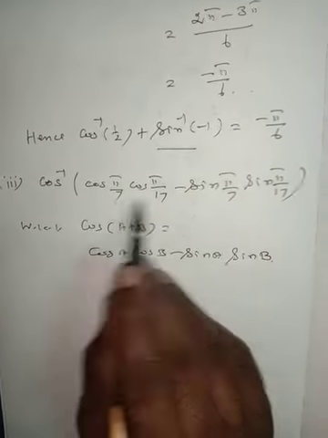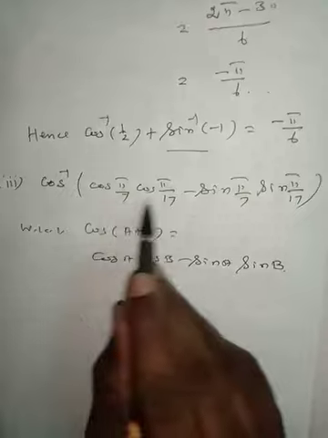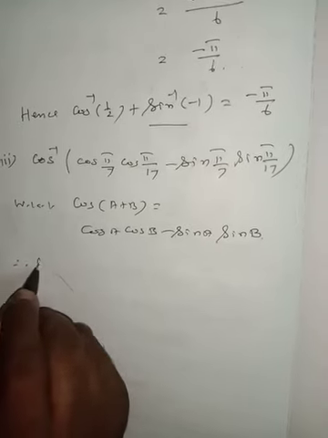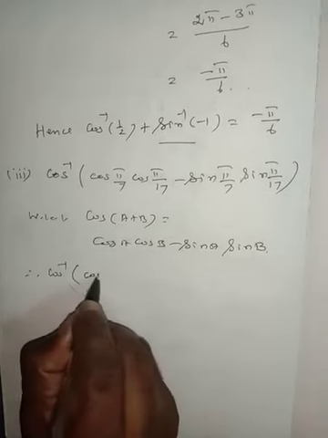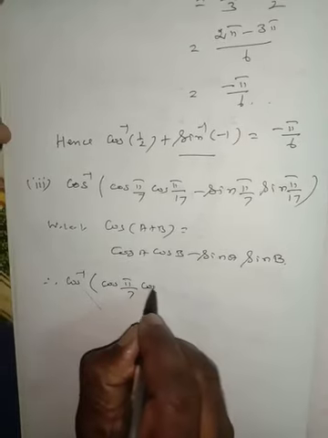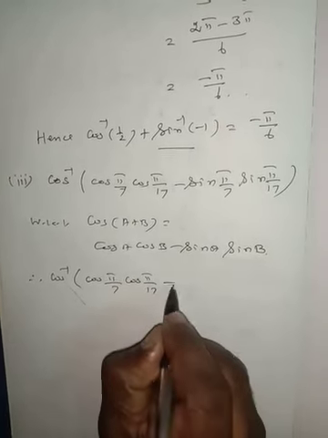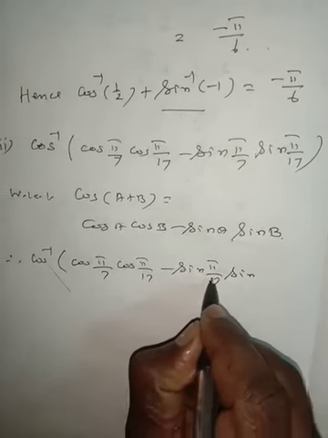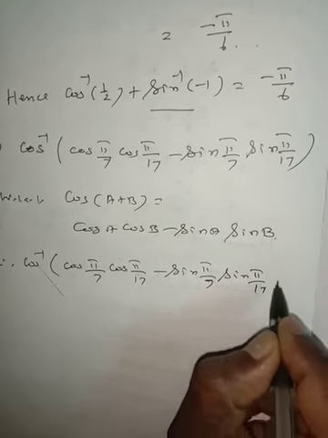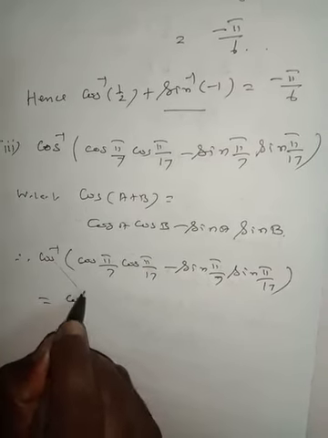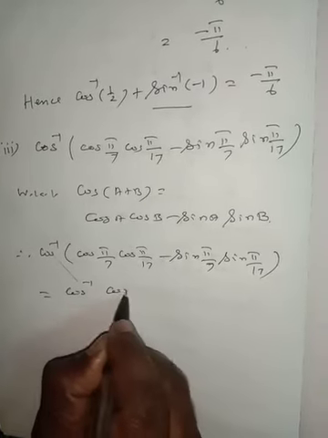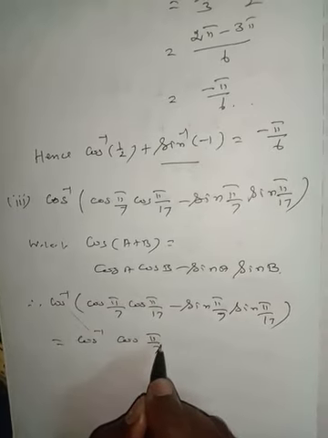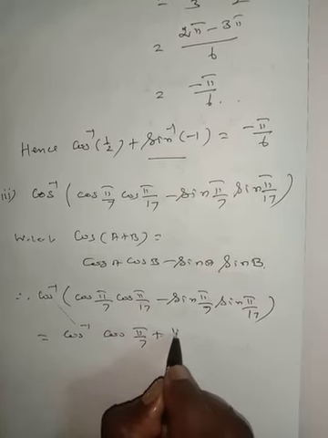Using the formula, we get cos of pi by 7 plus pi divided by 17. Therefore, cos inverse of cos pi by 7 cos pi by 17 minus sin pi by 7 sin pi by 17 is equal to cos inverse of cos of pi by 7 plus pi by 17.